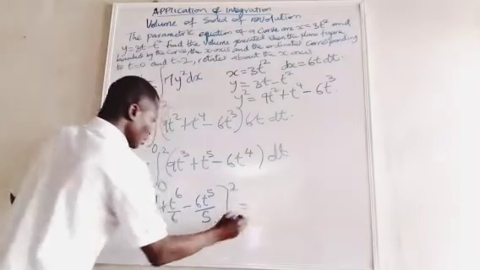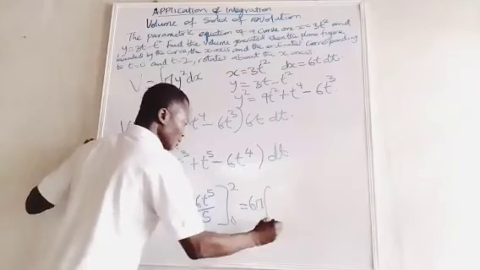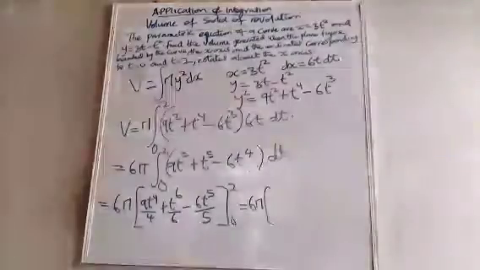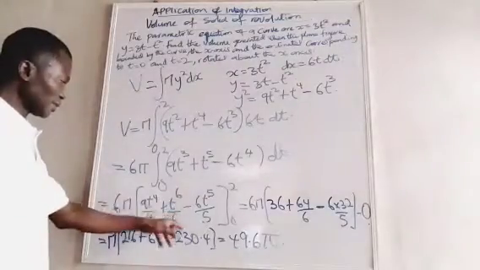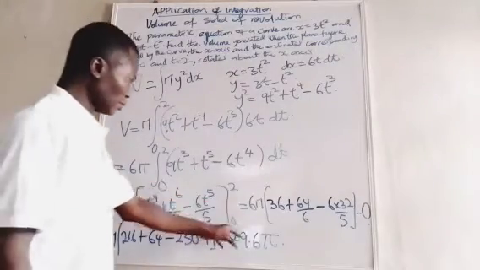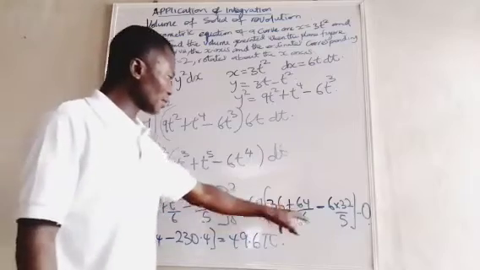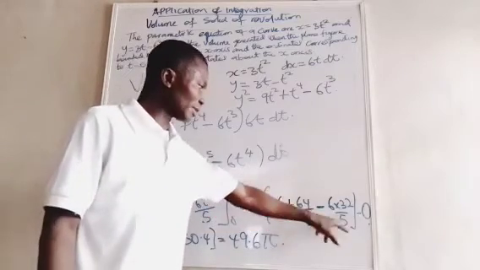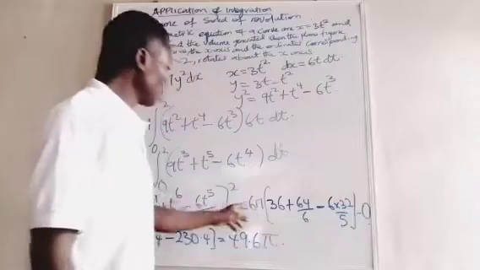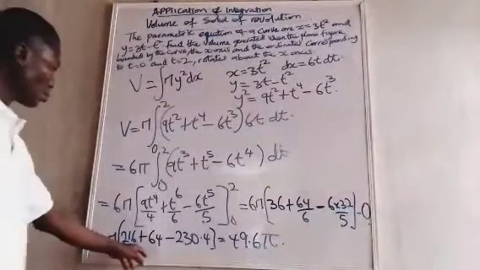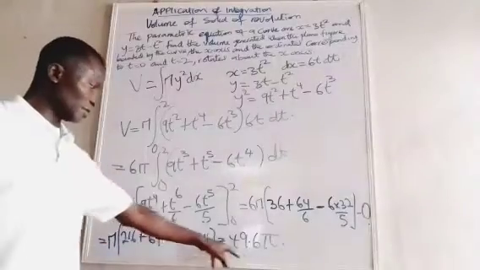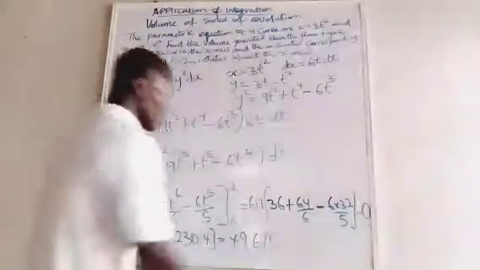So on inputting 2 and 0, I have 36 times 16 over 4, that is 144, wait, 9 times 16 over 4 is 36, plus 64 over 6 minus 6 times 32 over 5, minus 0. Because if you put in 0, it's going to be 0. So on expansion, I have 216 plus 64 minus 230.4. So I have 49.6 pi.